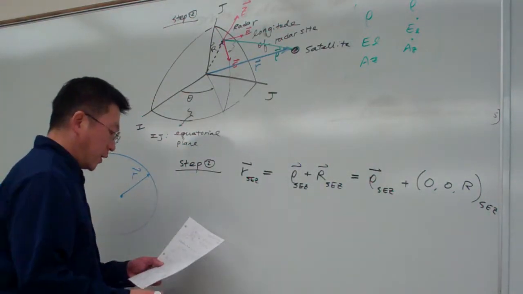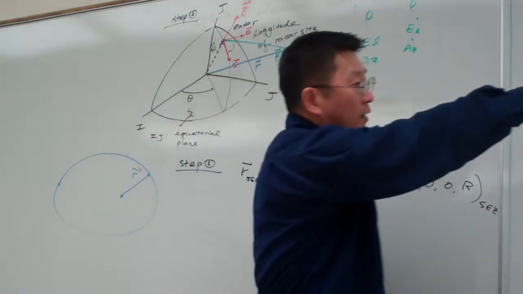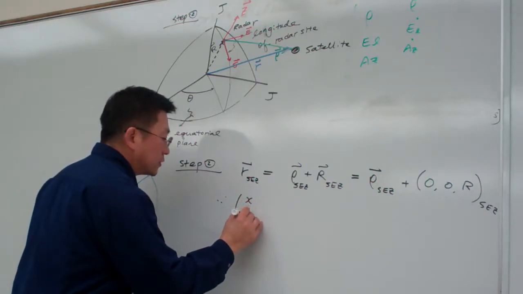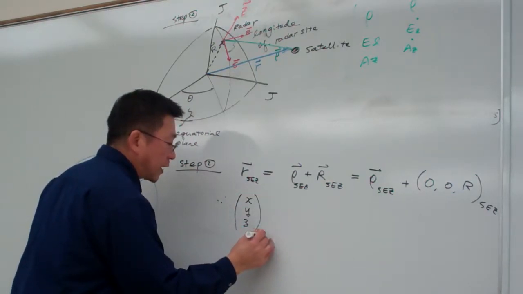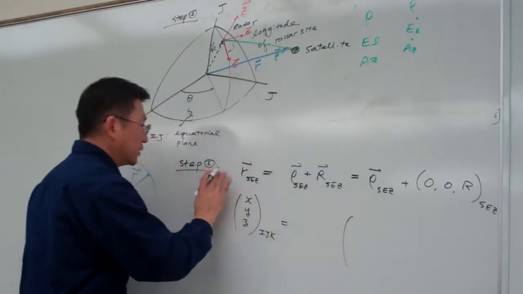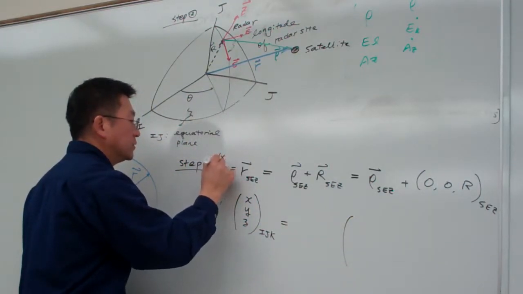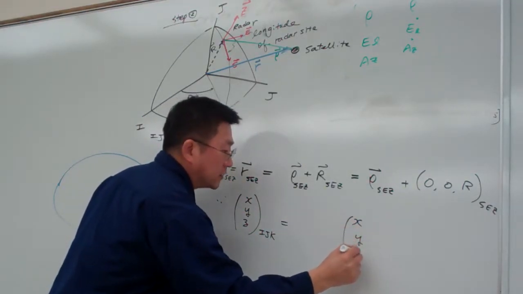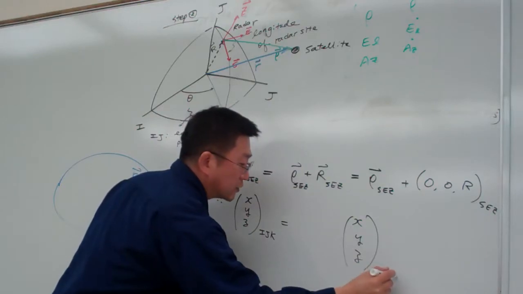Once we have this, we simply plug in that information. Whatever we measure in IJK, using that information, this is our XYZ in the SEZ coordinate system.